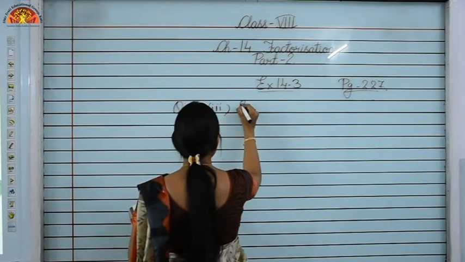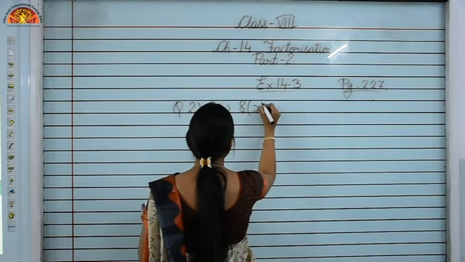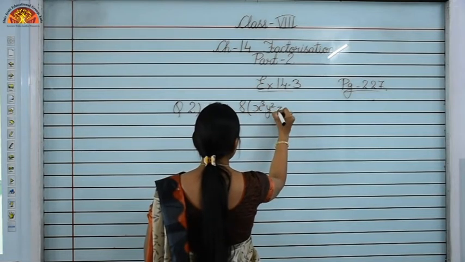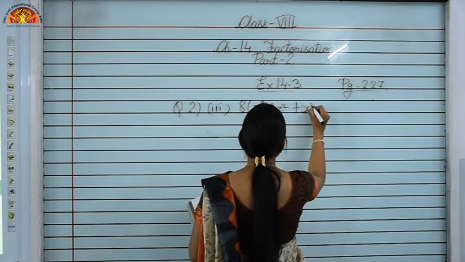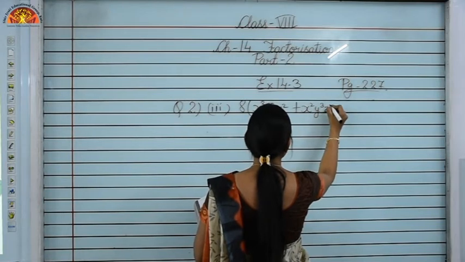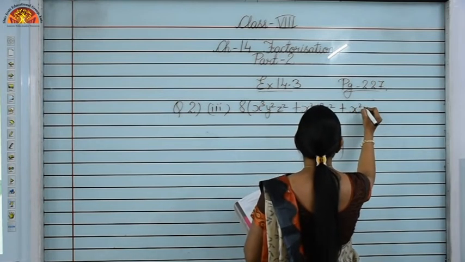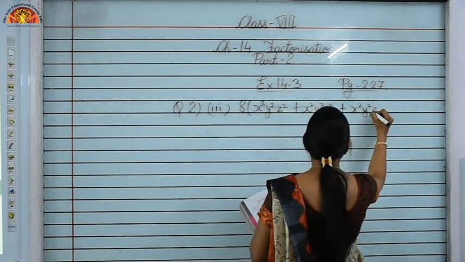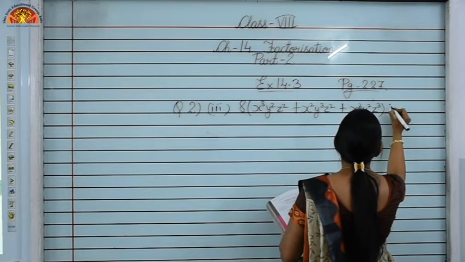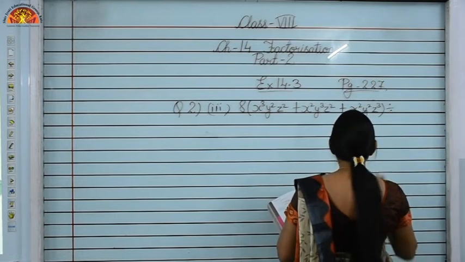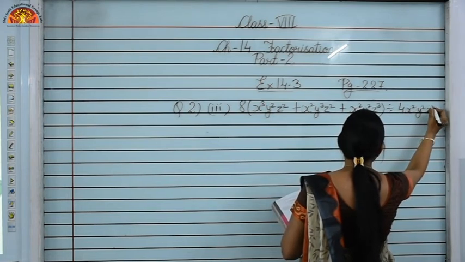That is 8 into x cube y square z square plus x square y cube z square plus x square y square z cube whole divided by 4x square y square z square.